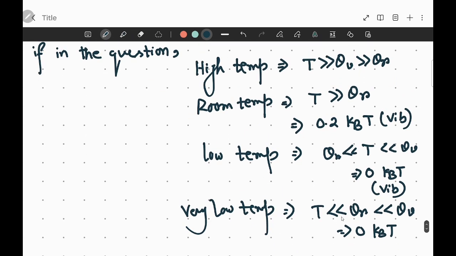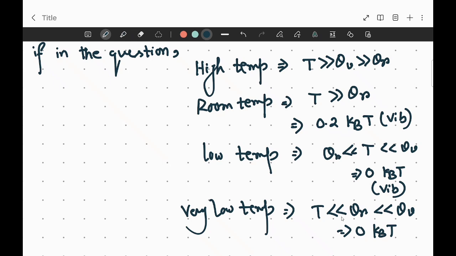Translational will not be zero, because the energy gaps between the translational energy levels are very small, so those can be occupied. Now if it is very low temperature, say 0 degrees Celsius, I'm saying that even at 0 degrees Celsius the translational energy levels will be occupied.